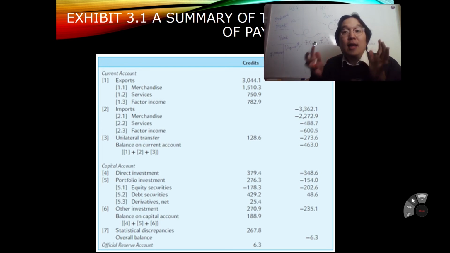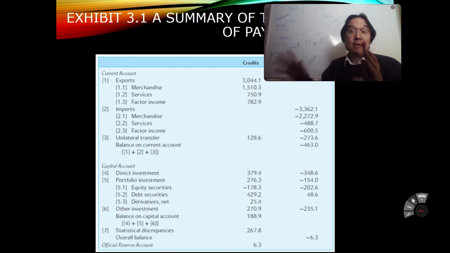Can you, when you aggregate all those things, do you think really it will balance each other out exactly? So much so that when you add current account balances to capital account balances, would you get zero exactly? And the answer is no. A lot of missing parts will be there.